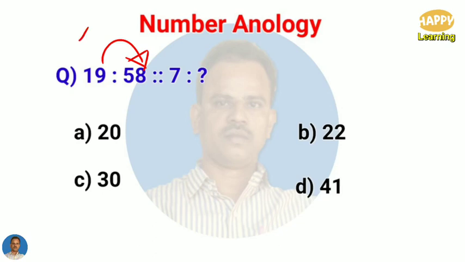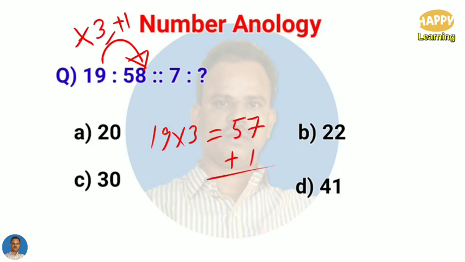That means multiply with 3 then plus 1. 19 into 3 equal to 57. Then on adding 1 you get that 58.